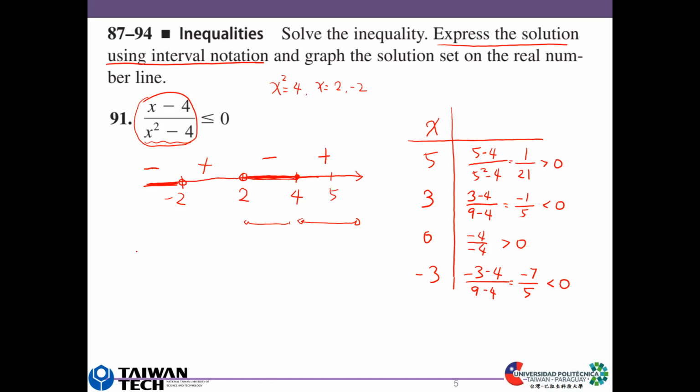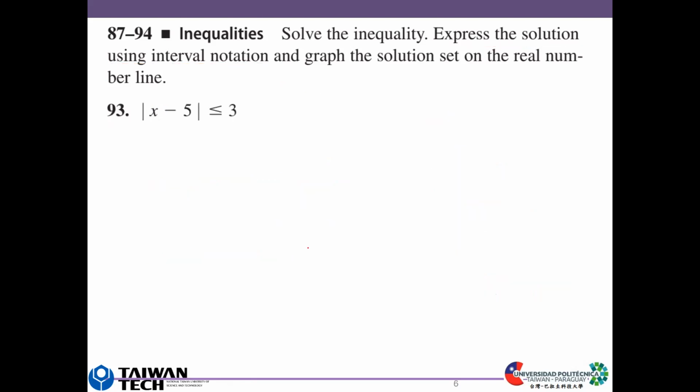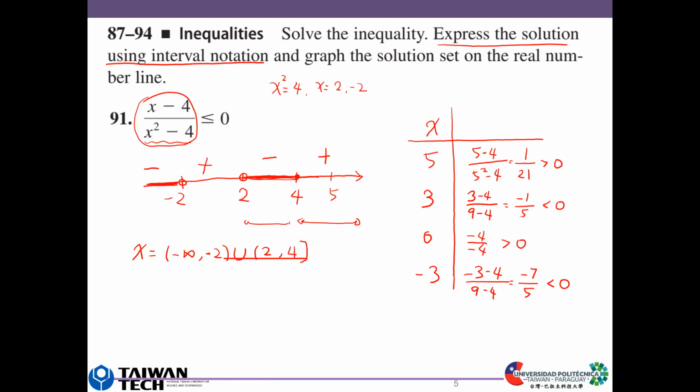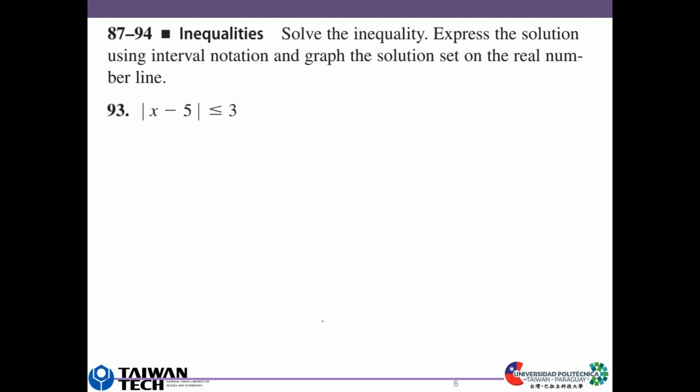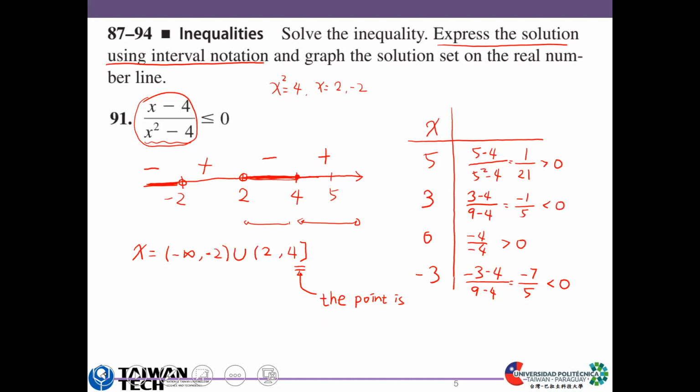If we want to use interval notation to represent the solution x, we can say it is from negative infinity to minus 2, using a parenthesis, in union, with a capital U as the symbol of union, with 2 to 4. And then we put a bracket here. The bracket means this point is included in the solution.